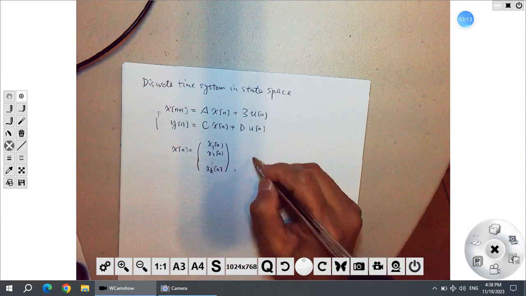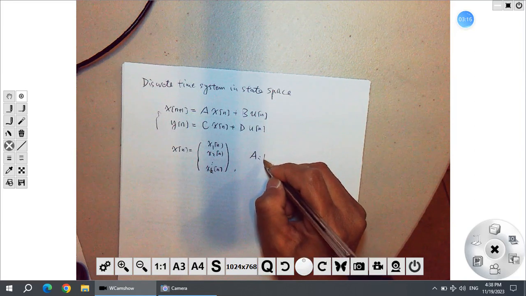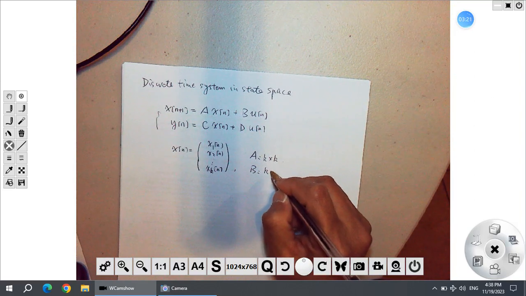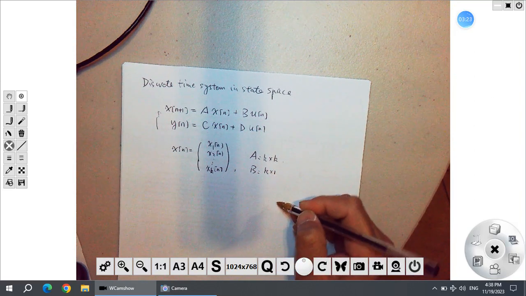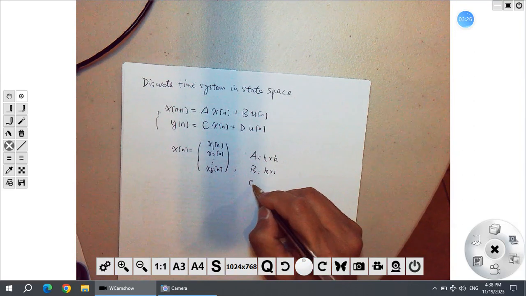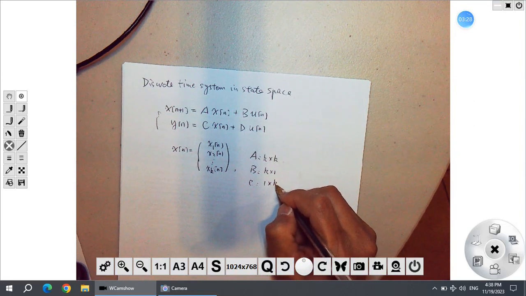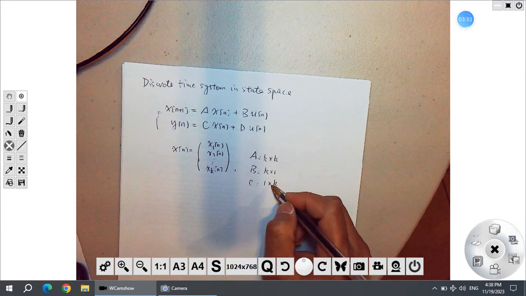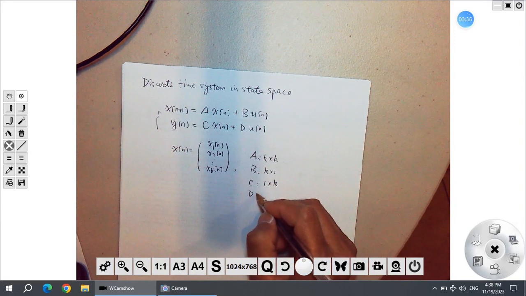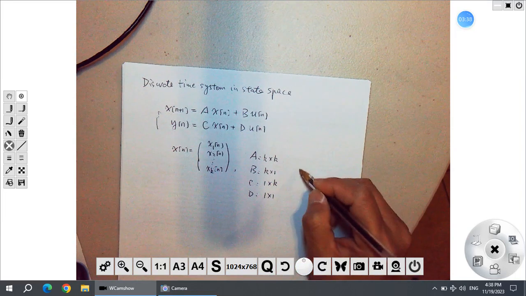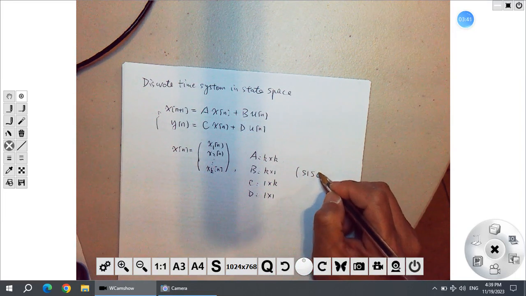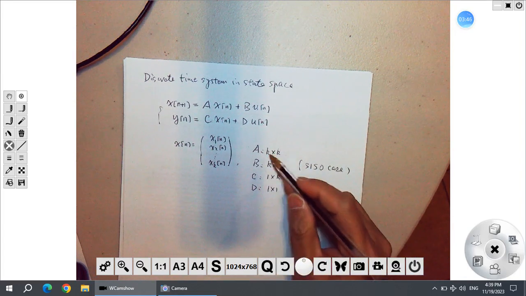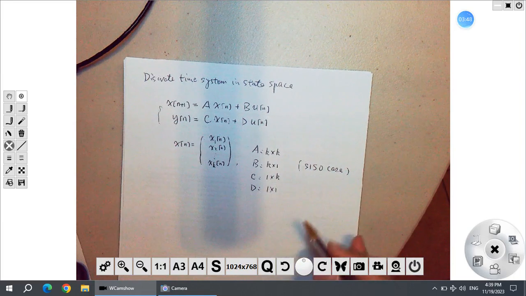A now will be a k by k matrix, and B will be a k by 1 matrix, or a column vector, and C will be a 1 by k matrix, or a row vector, and D is just 1 by 1. This is the single input, single output case. For a MIMO system, it is similar. You can try it by yourself.